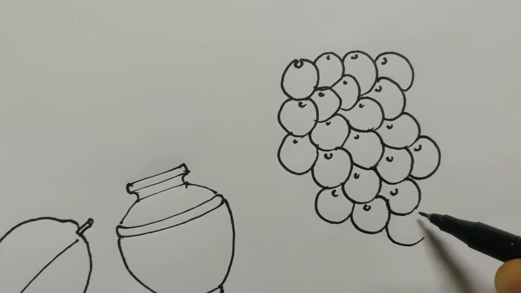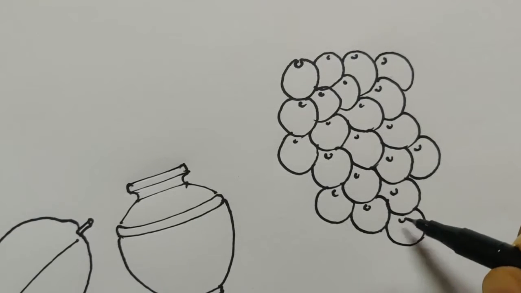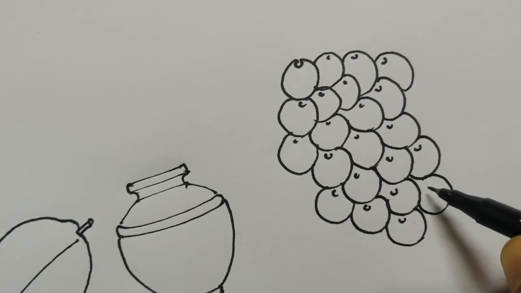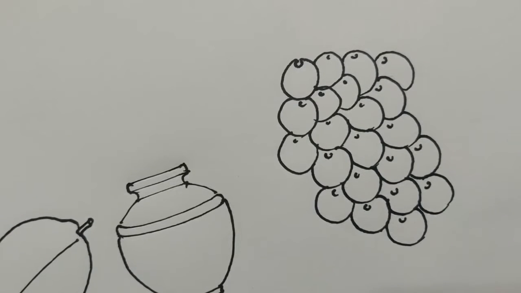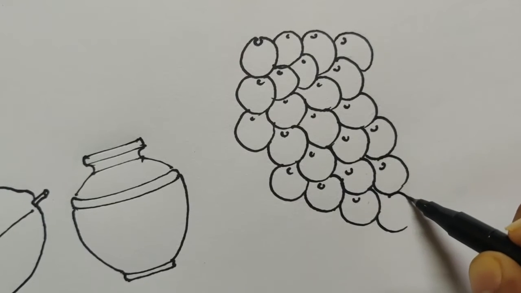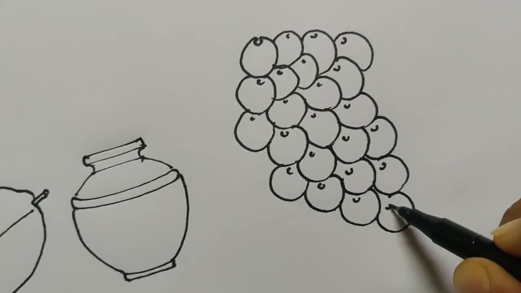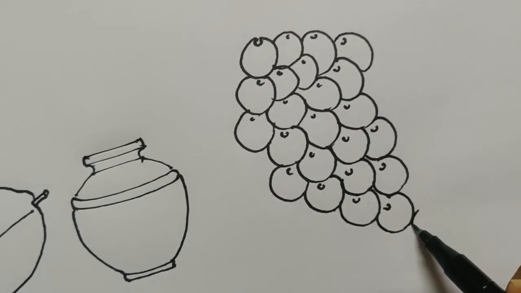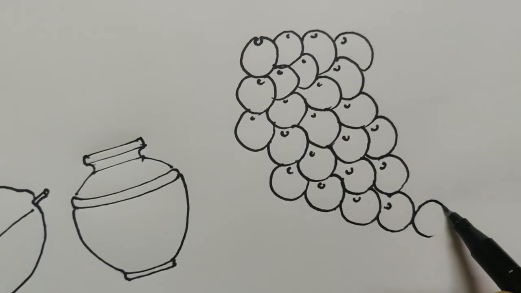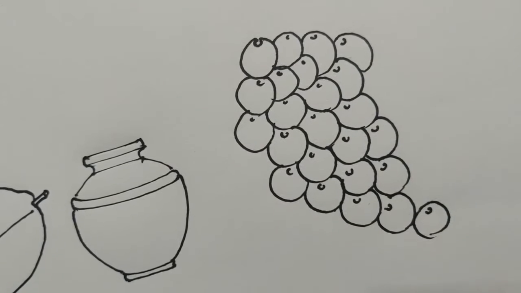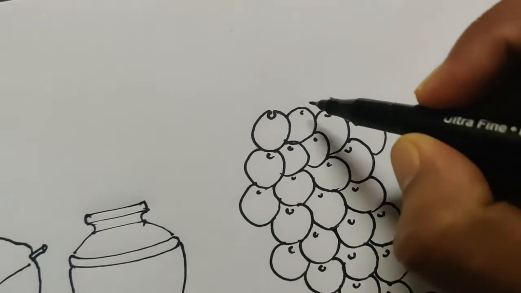We'll add a few more. Draw it slowly, nothing will happen. Don't use any perfectly circular objects. You can see here how I am making it. Like this. And make one more. It should give a nice feel to the grapes. Then here the tip will be there, right?